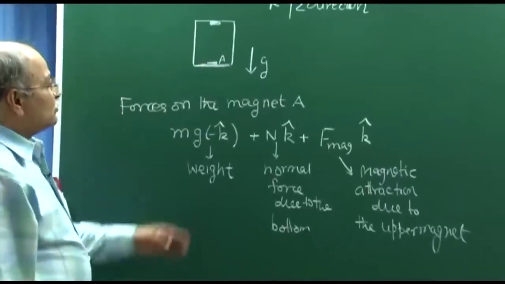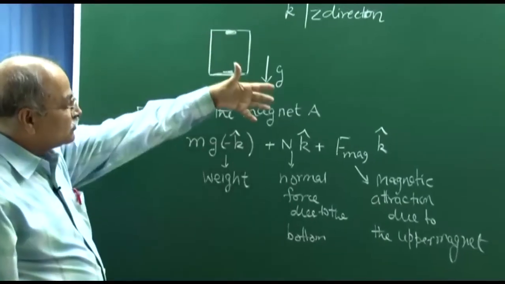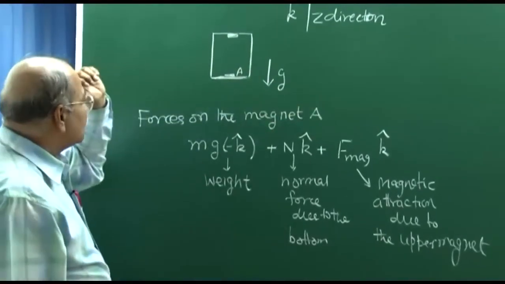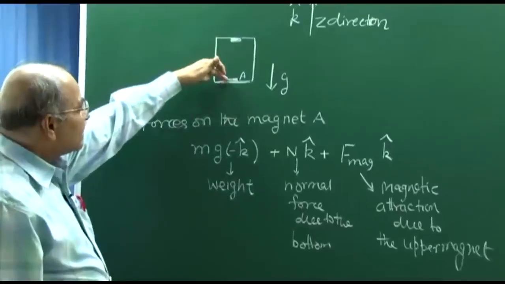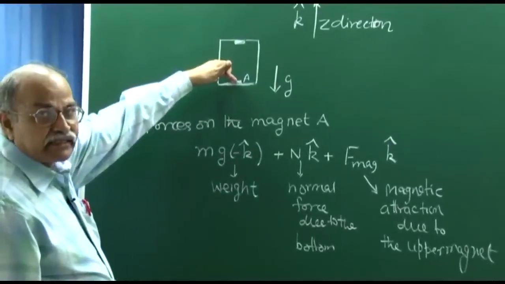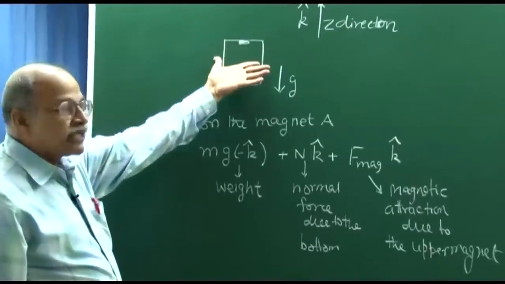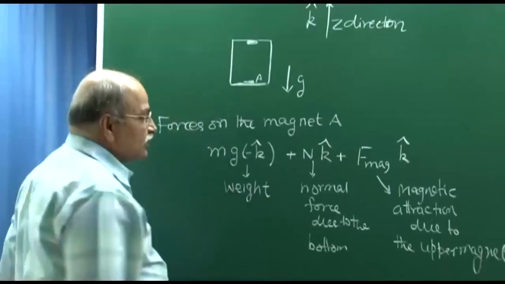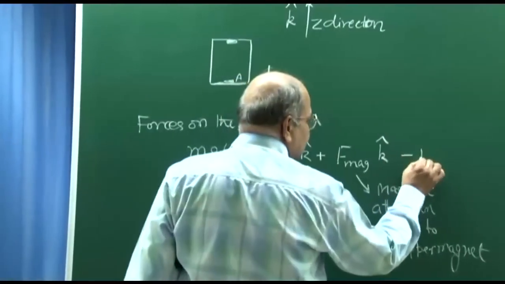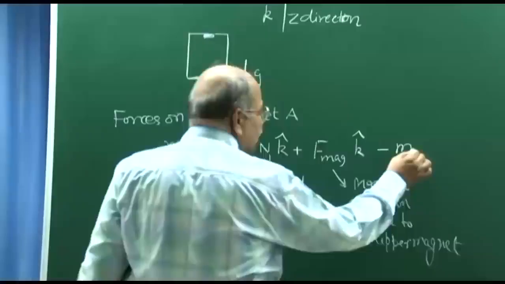And since we are using a non-inertial frame, I must apply a pseudo force also. I must write a pseudo force on this A, and that pseudo force will be mass of the object multiplied by acceleration of the frame with a minus sign. So, it is minus mass of the magnet times acceleration of the box, which is g in downward direction.